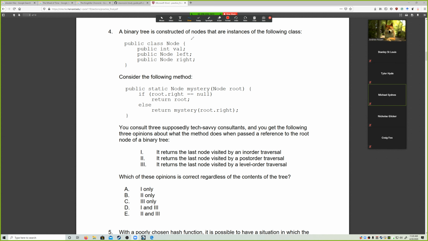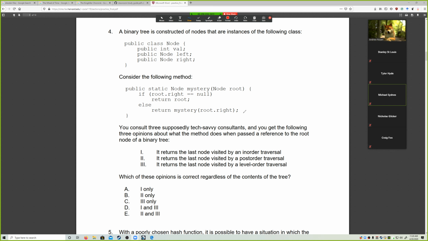A binary tree is constructed of nodes that are instances of the following class. Here we simply have a node with an integer, and then we've got this static method for a binary tree, mystery root, which says, if the right node is null, return myself.